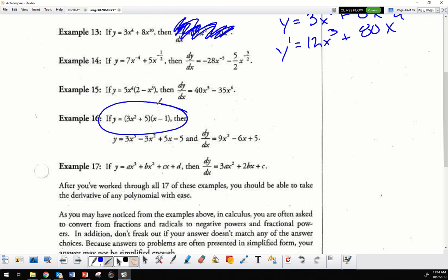I have 2 functions, 2 quantities, 2 binomials being multiplied together. So I could actually just do it as a product rule, or I could expand it. If I expand it, then I would come up with, if you notice, 1, 2, 3, 4 terms right there. Then just take the derivative of each piece, each term in the polynomial individually.